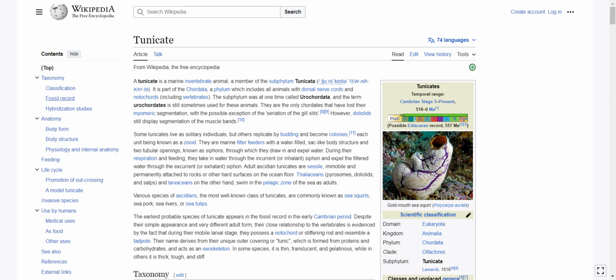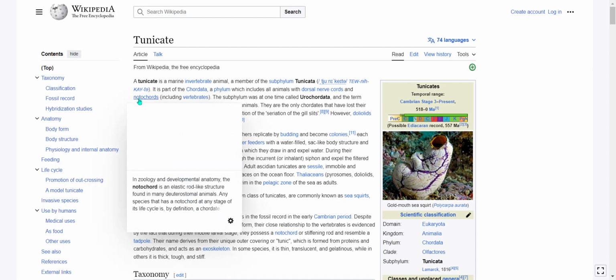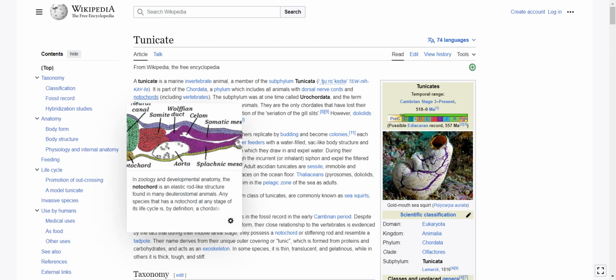A tunicate is a marine invertebrate animal, a member of the subphylum Tunicata. It is part of the Chordata, a phylum which includes all animals with dorsal nerve cords and notochords, including vertebrates. A notochord is an elastic rod-like structure found in many deuterostomal animals.